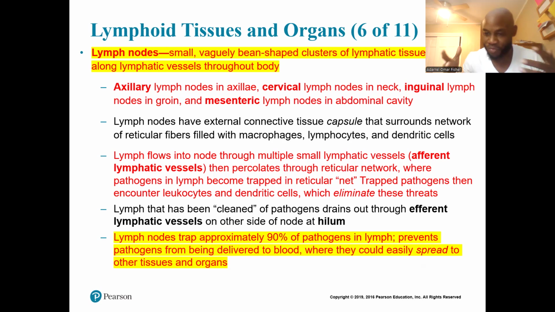So pathogens enter our body, get into the lymph, which is, remember, fluid that has exited the bloodstream, travels through this lymphatic vessel into the lymph node, gets trapped in there. Leukocytes, dendritic cells come and destroy it, right? So that it doesn't get into the rest of our body.